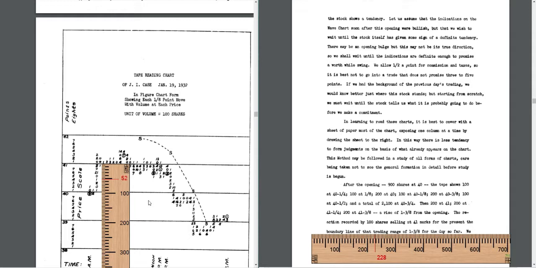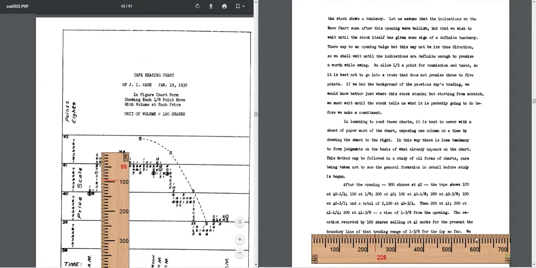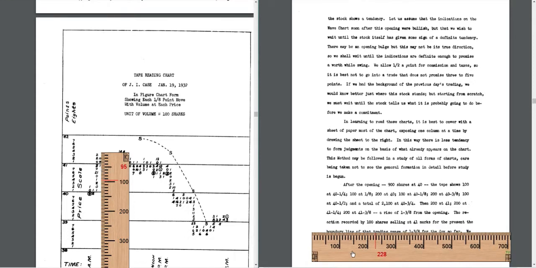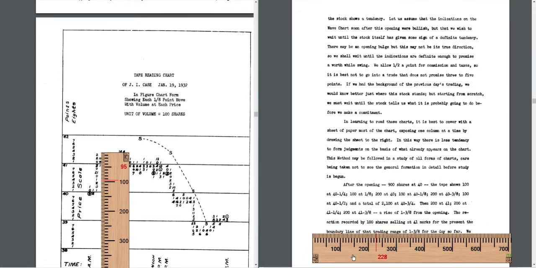So it's a reaction. You have this straight up rally right here, and then it pulls back 1. What is he saying about this? He's saying the reaction recorded by the 100 shares selling at 41 marks for the present the boundary line of a trading range of 1 3/8 for the day so far.